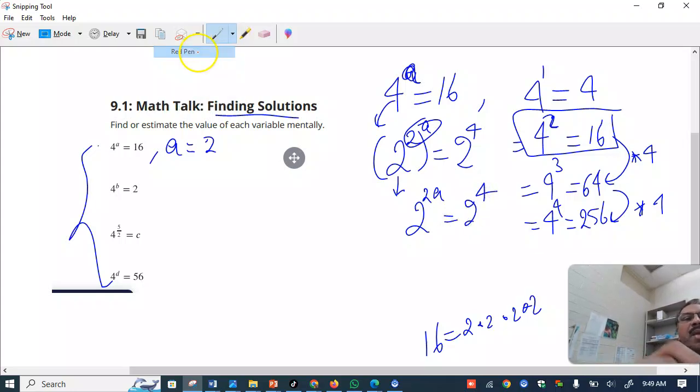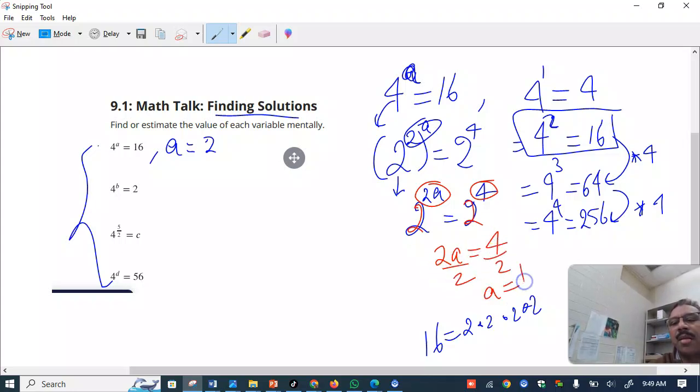Now you have the same bases. If the bases are the same, the two exponents have to be equal. Dividing by 2, you get a equals 2, and you're done. So two different strategies you can use to get the answer.